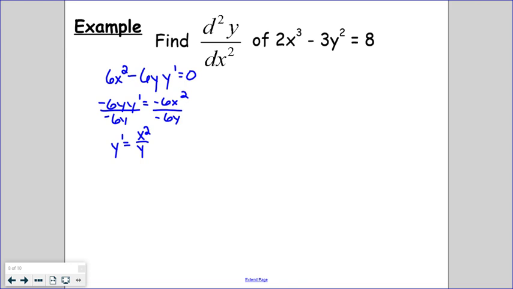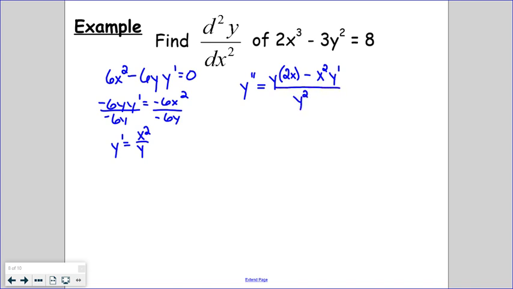Then I take that and I do my derivative of y prime. Well, the derivative of y prime becomes y double prime. And then I do my quotient rule. My quotient rule says bottom times the derivative of the top, which would be 2x, minus top times the derivative of the bottom. Derivative of y is y prime, over the bottom squared.